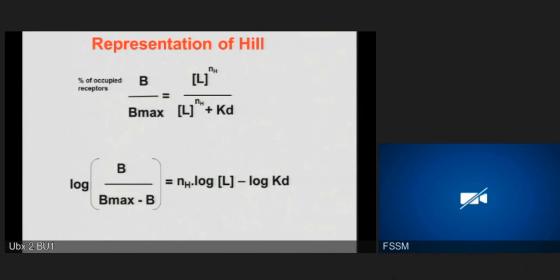So you have the representation of Hill, which is exactly the percentage of occupancy of receptors. So B on B max, or RL on RT, if you want, equals L divided by L plus KD. But L has a factor N, H, which is the coefficient of Hill.